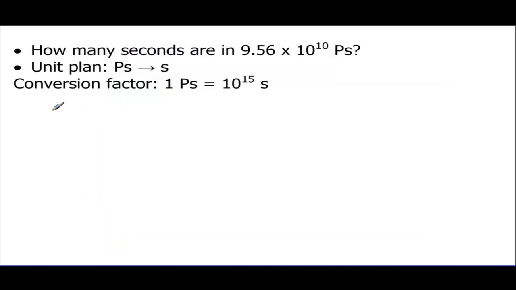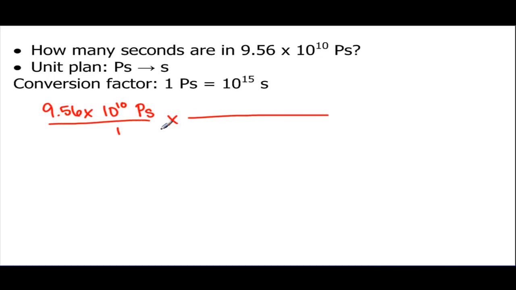So we're going to start with our given, 9.56 times 10 to the 10 petaseconds. Again, if you'd like to put that over 1, you can. So we need petaseconds to go on the bottom. So we work diagonal and seconds on the top. So we have 1 petasecond and we have 10 to the 15 seconds.